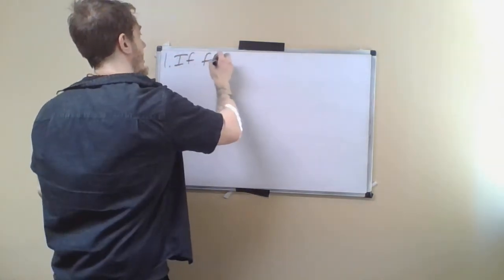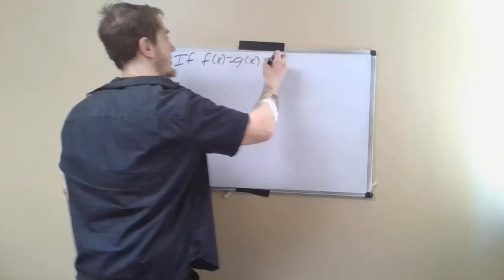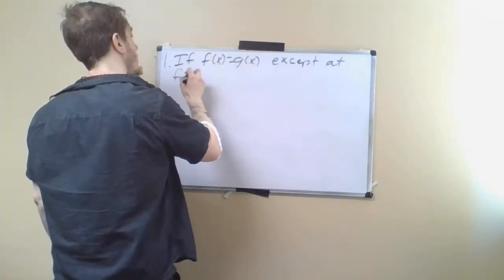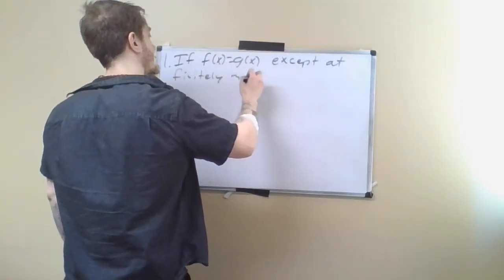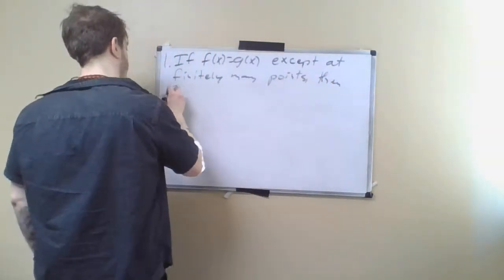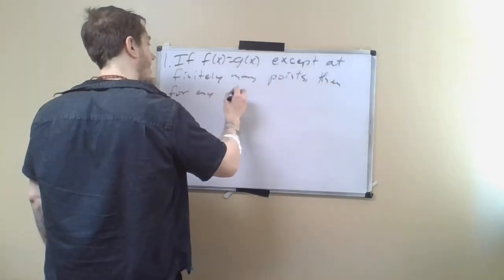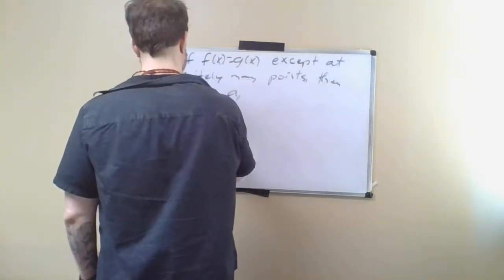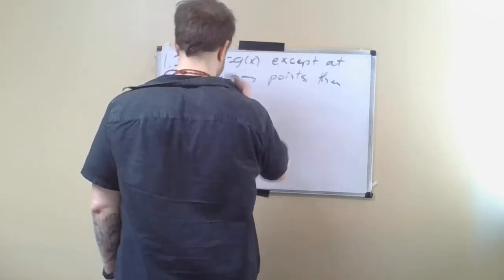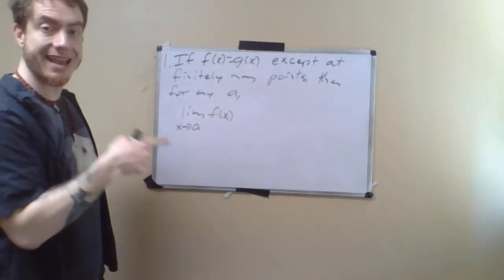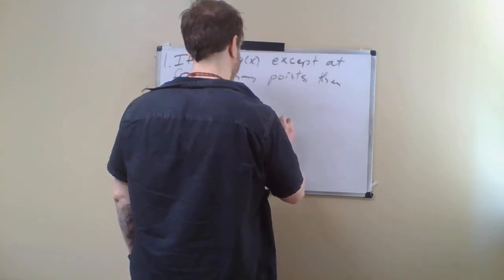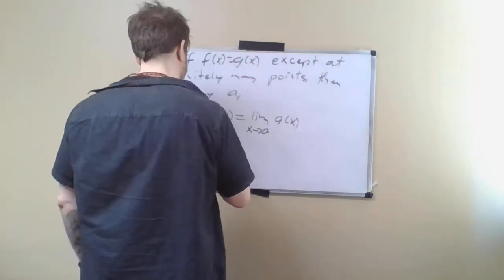If f of x is equal to g of x, except at finitely many points, then for any value of a, the limit as x approaches a of f of x, and this is true for the right and the left-hand limits as well, has to equal the limit as x approaches a of g of x, or else both do not exist.